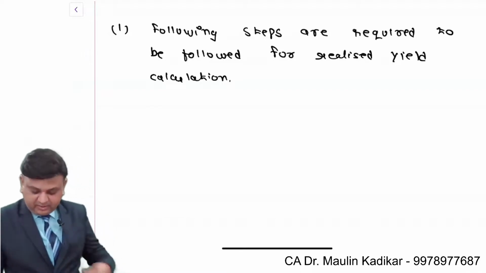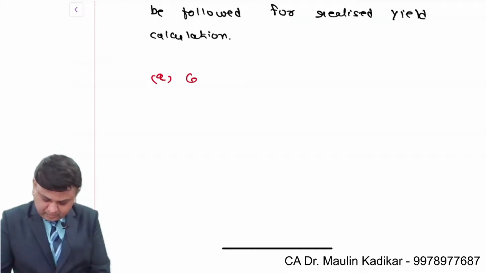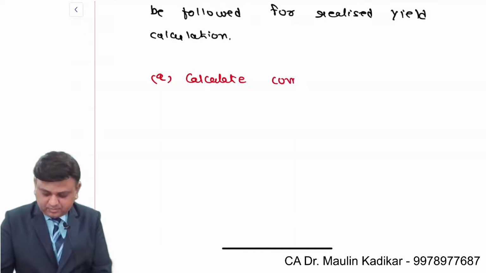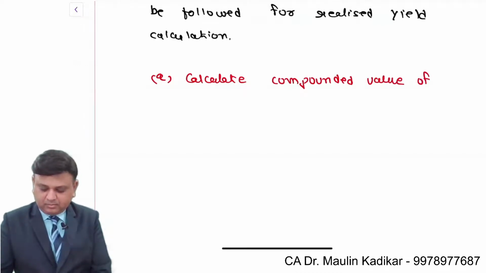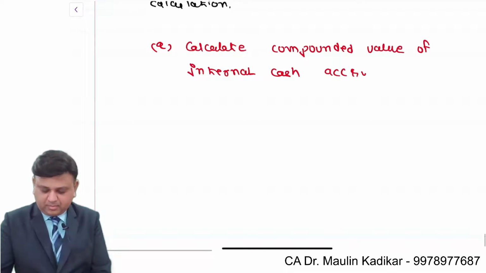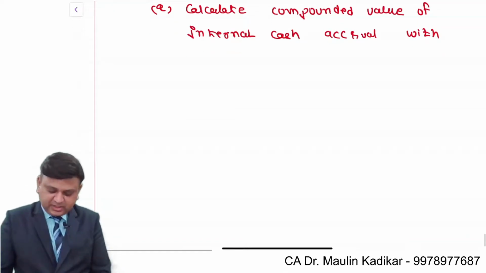A: Calculate the compounded value of internal cash accrual with reinvestment rate information.